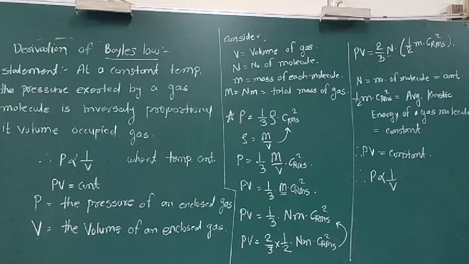Therefore, N, capital N is the number of molecules, which is also constant. And half m C RMS square is the average kinetic energy of a gas molecule, which is constant at constant temperature. Therefore, PV is equal to constant, since P is inversely proportional to V. Okay, this is the Boyle's law.